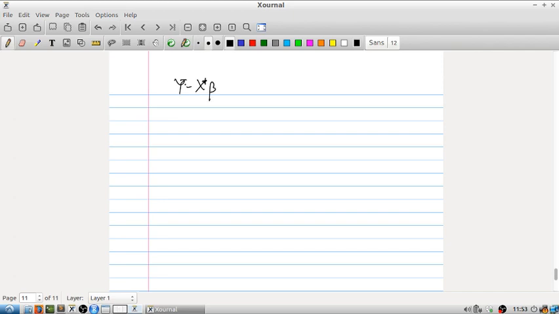Actually, I did this derivation for some student after the last class, but I'll redo it. (y minus X beta) transpose times (y minus X beta) is equal to y transpose y, minus, okay, I'm just expanding the product here, y transpose X beta.